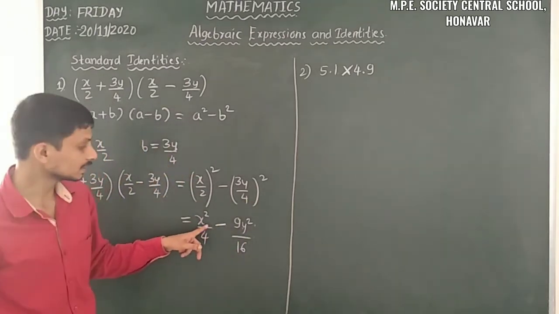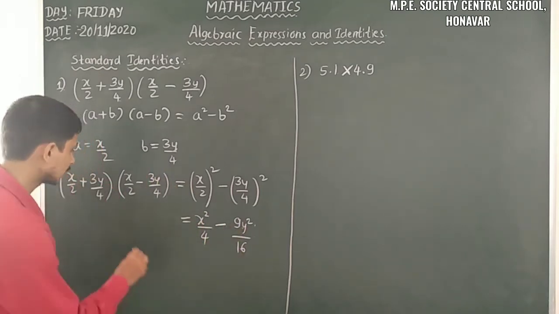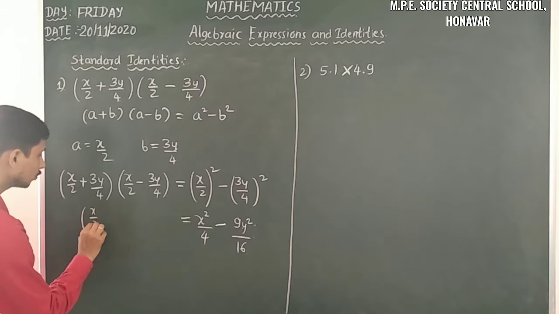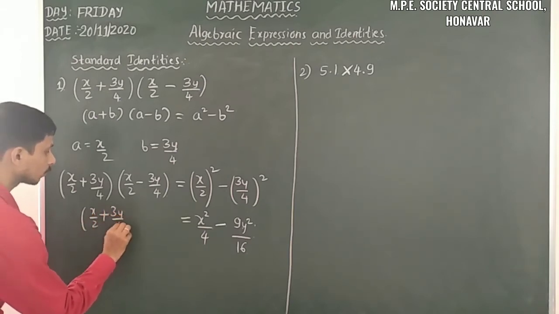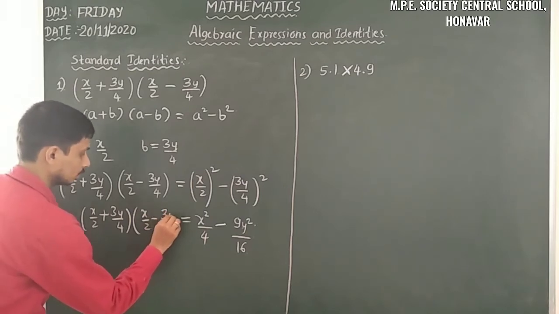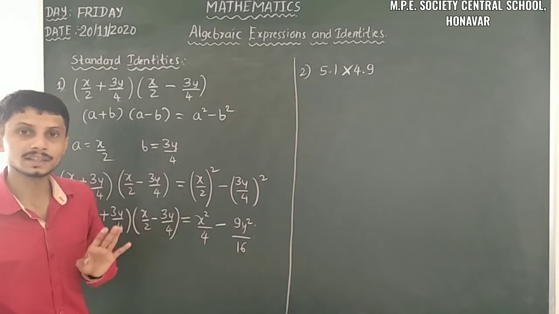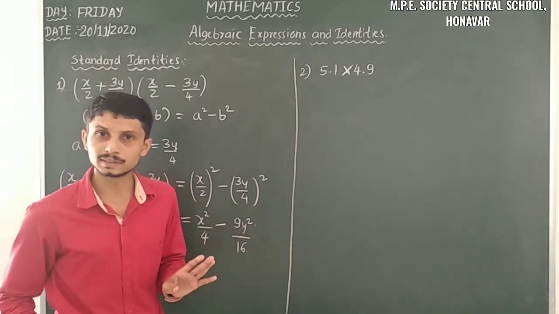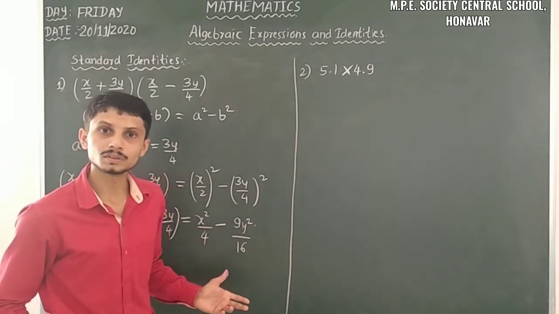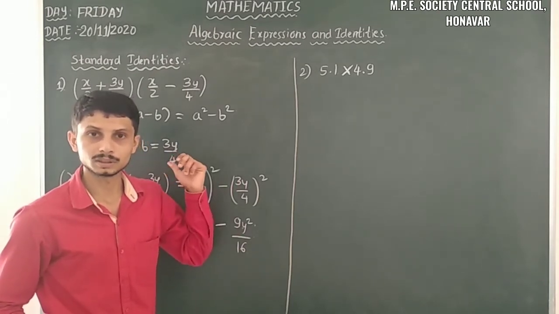So the answer is x square by 4 minus 9y square by 16. That is the value of (x by 2 plus 3y by 4) into (x by 2 minus 3y by 4). This is the answer for our required equation.